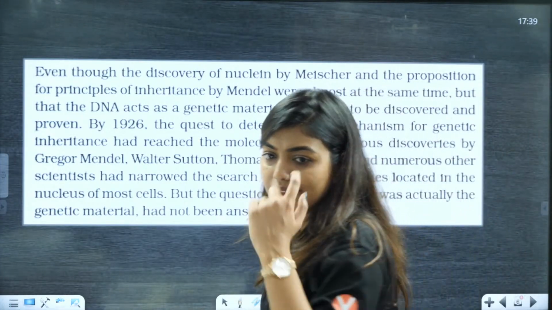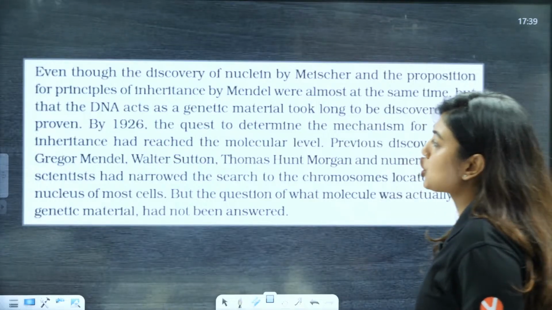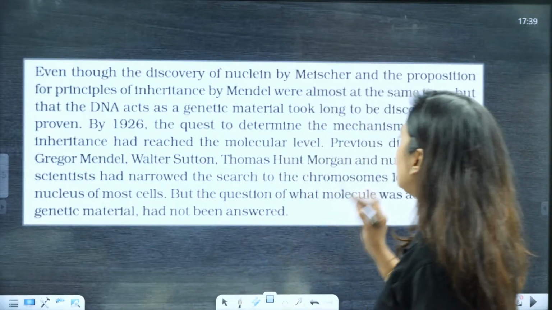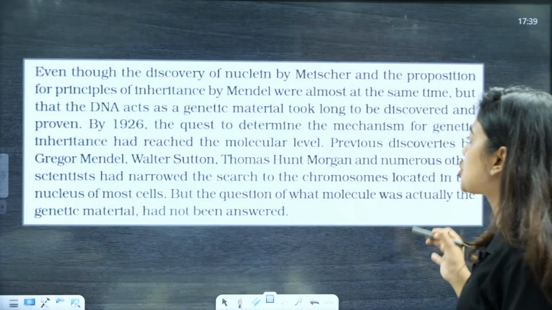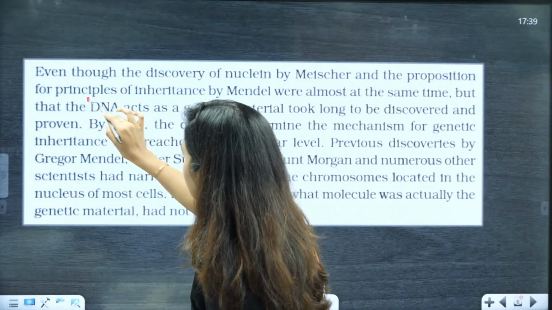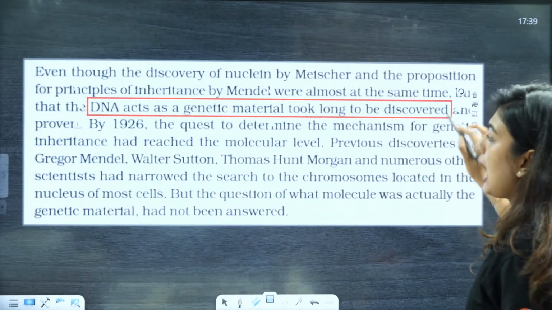Yes. So even though the discovery of nuclein by Miescher and the proposition of the principles of inheritance by Mendel were almost at the same time, that DNA acts as a genetic material took long to be discovered and proven.